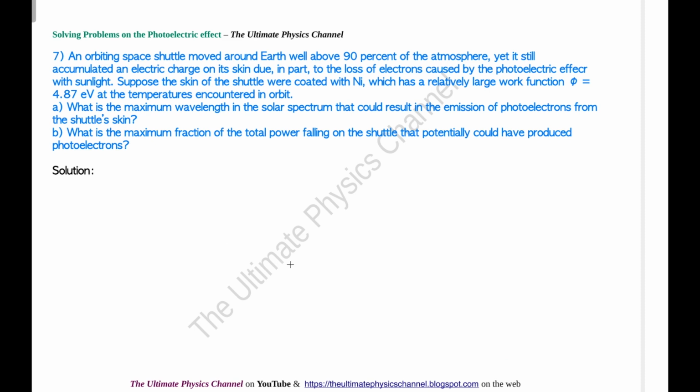An orbiting space shuttle moved around Earth well above 90% of the atmosphere. It still accumulated an electric charge on its skin due in part to the loss of electrons caused by the photoelectric effect with sunlight. So there is a space shuttle that is orbiting the Earth, going around the Earth, and it is well above 90% of the atmosphere.